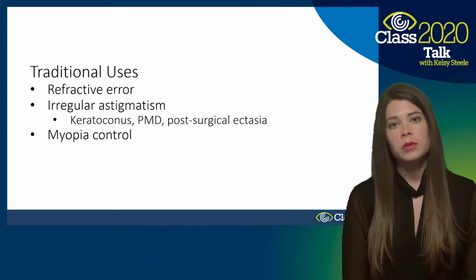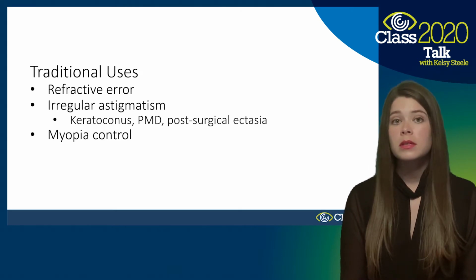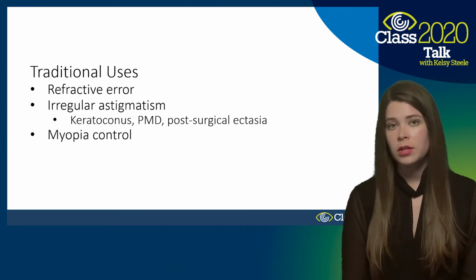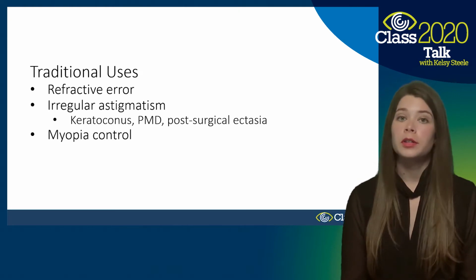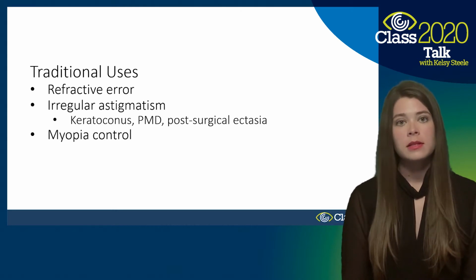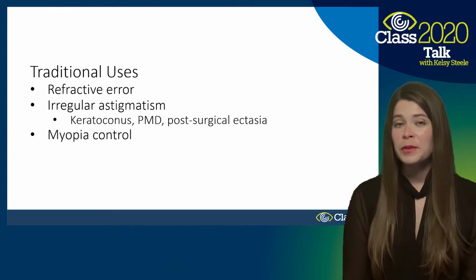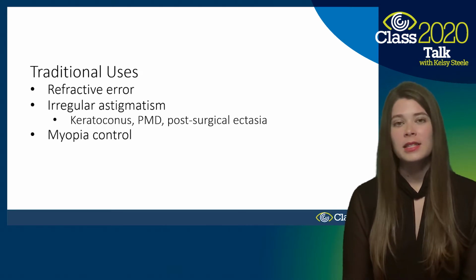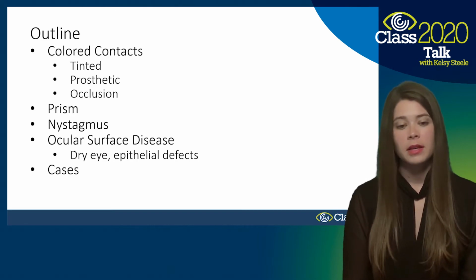So maybe patients with corneal irregularity from keratoconus or pellucid marginal degeneration, or even patients that have post-LASIK ectasia. Finally, for myopia control, you might use orthokeratology or multifocal contact lenses in your practice for myopia control. If you don't feel comfortable with those topics, just stay tuned. Class will have plenty of great presentations covering a variety of topics, many of these included here.